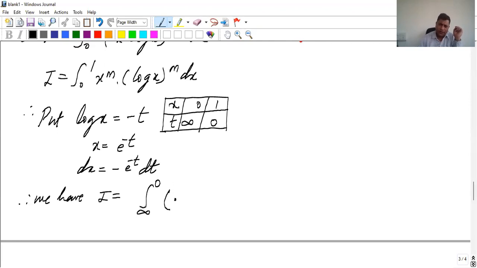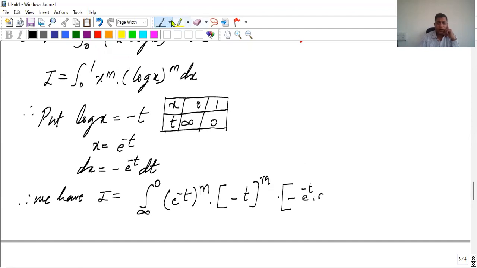Okay, what are the terms we'll be having? x is e raised to minus t raised to m. Log x is minus t raised to m. And this dx is minus e raised to minus t dt.